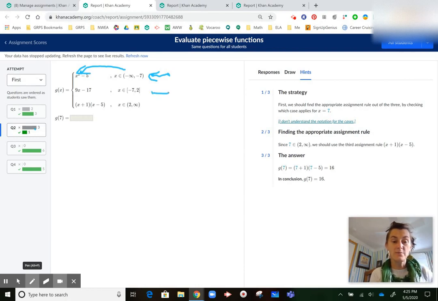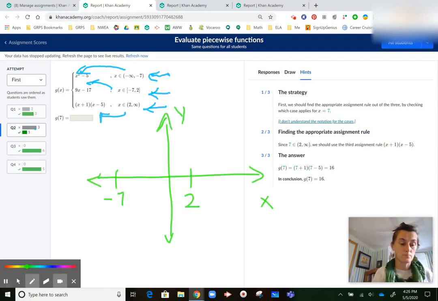Then the second piece of this function is in an interval between negative 7 and 2, and it looks like this. And then this next piece of the function is in the interval between 2 and positive infinity, and in that case, the function looks completely different.